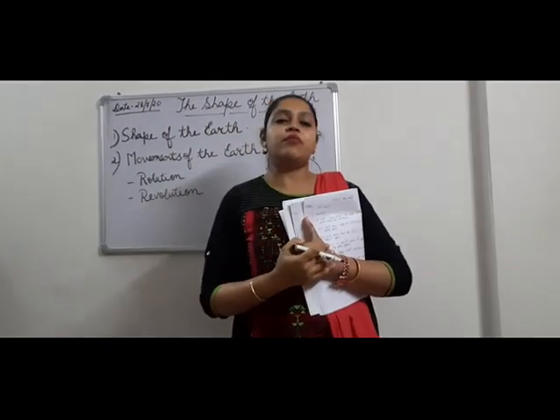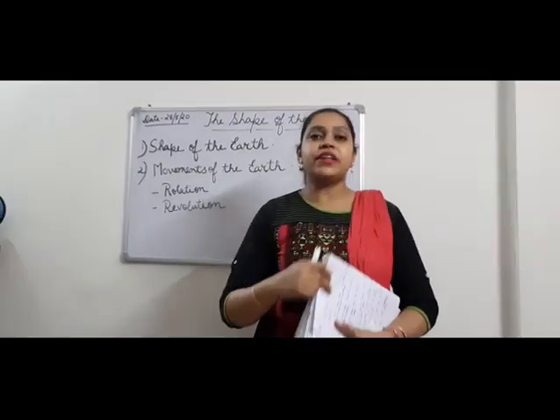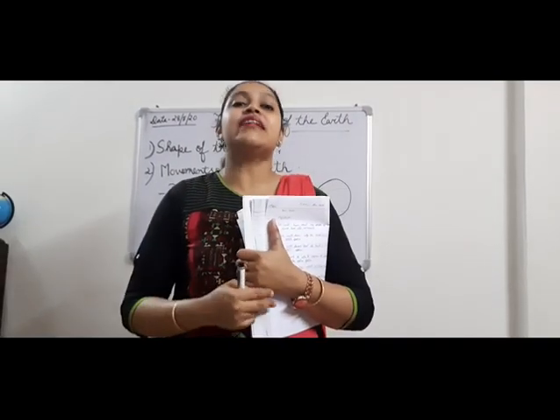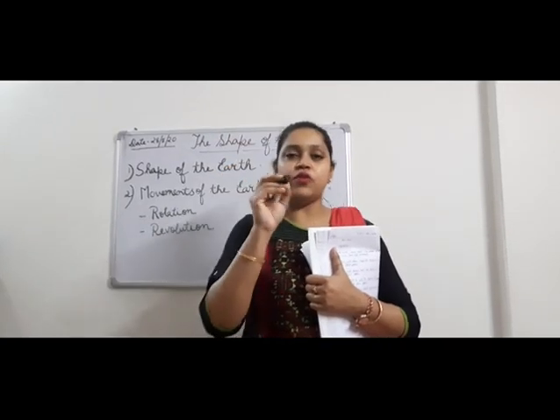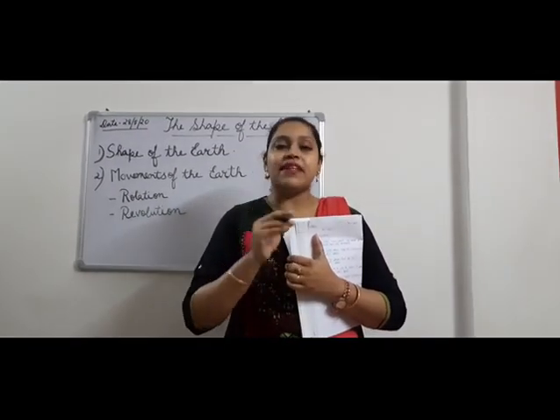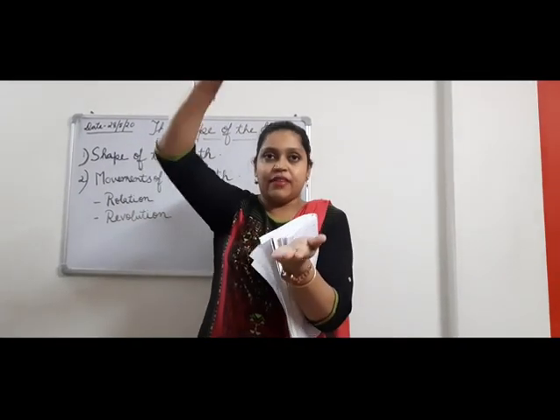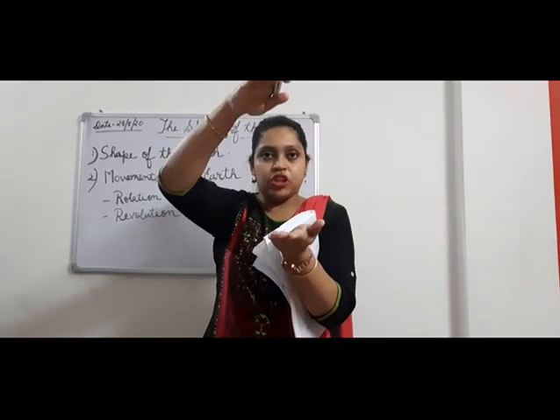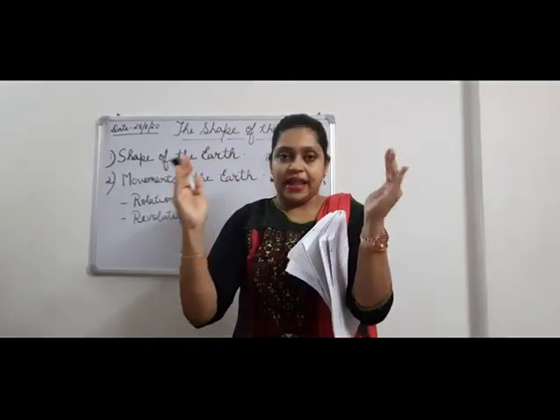You can see in your book, the shape of the earth is very clearly given. The shape of the earth is not a sphere, it is an oblate sphere. Can you see in your book? So what do you understand by oblate sphere? It is flat at the top and bulging at the sides.